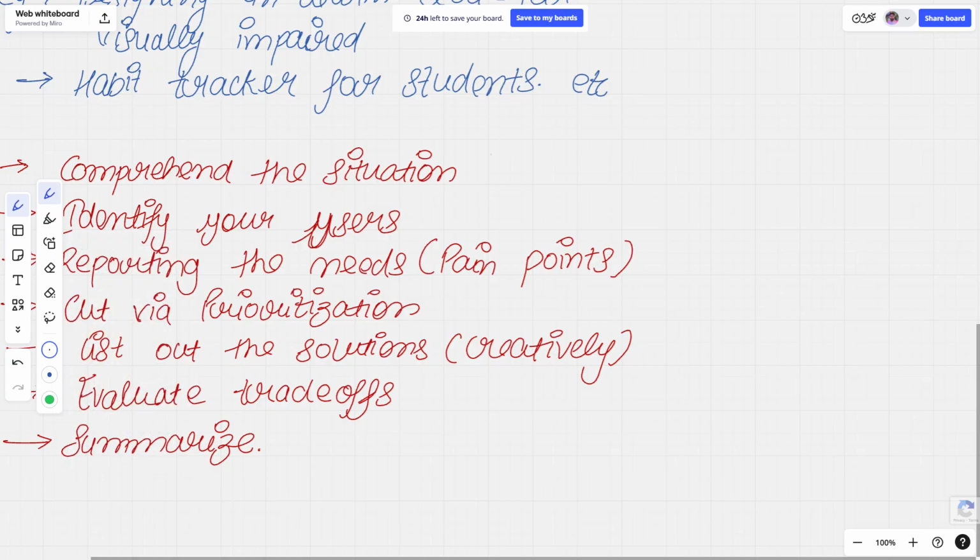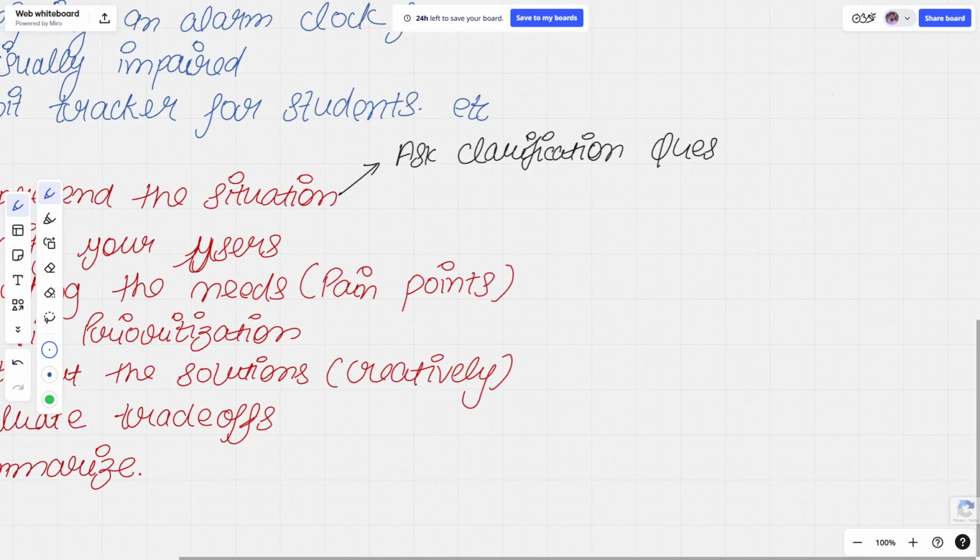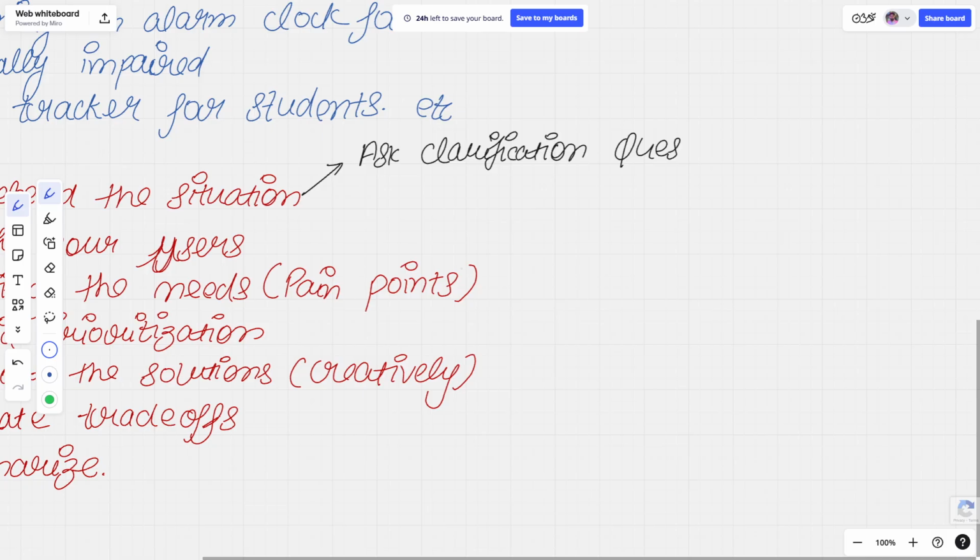What do we mean by these different stages of solving the problem? When I talk about comprehending the situation or the question, this always means you have to ask clarification questions. Because asking clarification questions helps you and the interviewer to stand on the same path or think in the same direction, which must be beneficial for your interview as well.